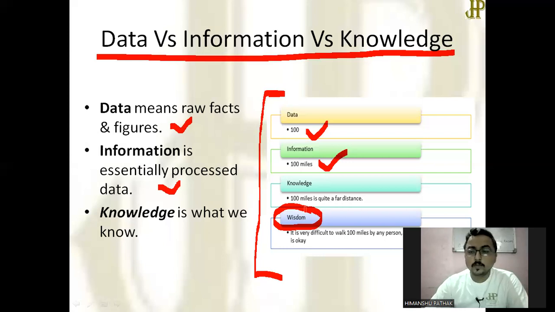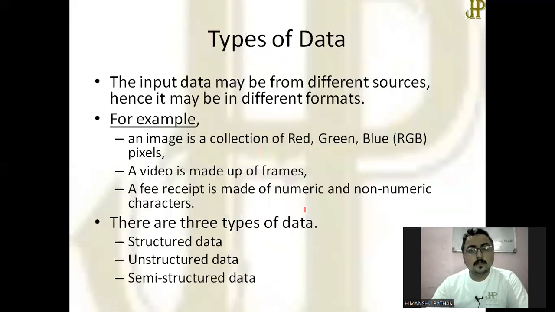So now I'm going to discuss types of data. In the current scenario, there are various sources of data. And based on those sources, different formats are available for data.